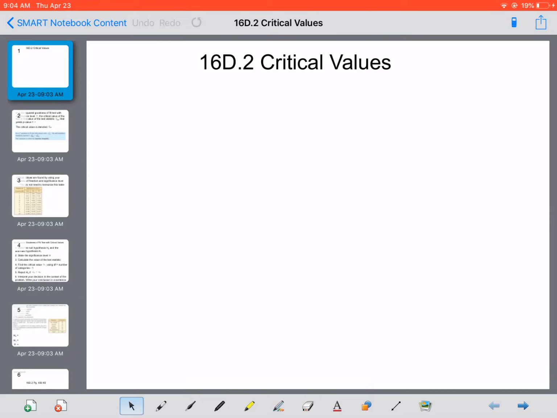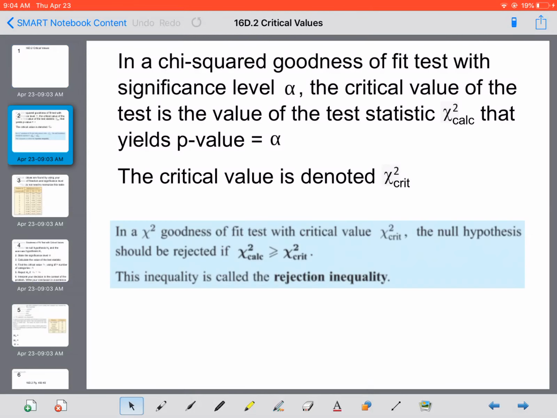But what you can do is compare your critical value to your chi-squared crit value, or excuse me, your chi-squared calc value, and you can then determine if you're going to reject your H sub 0 or not just by using that. So the benefit of chi-squared crit values is you don't necessarily need to find a p-value in order to figure out if you are going to reject it or not.